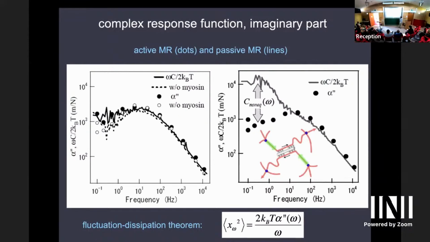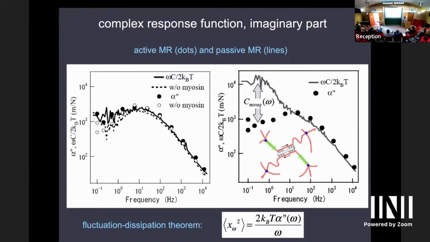But what you see in the end, if you look at the system where the motors are active, is at low frequencies a large difference between the expected spectrum from the active method and the actual fluctuations. And this part is the non-equilibrium part. Then you can take a closer look at that.